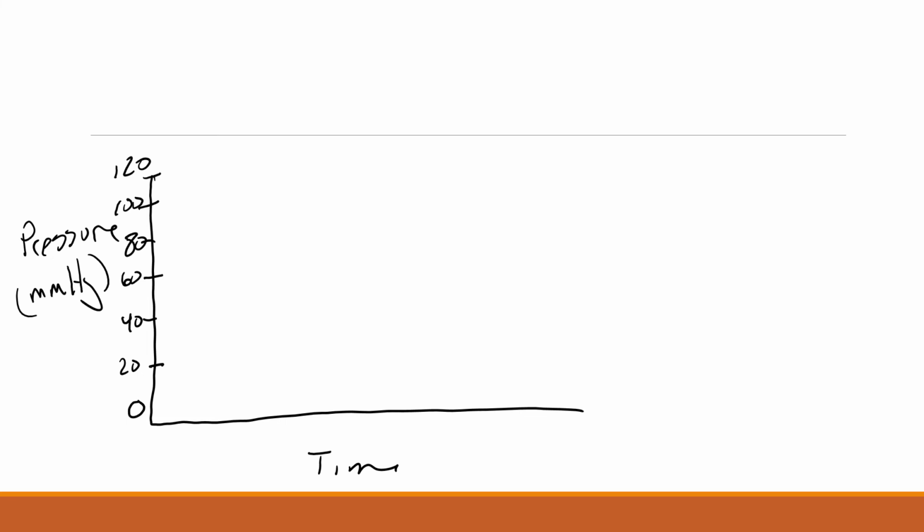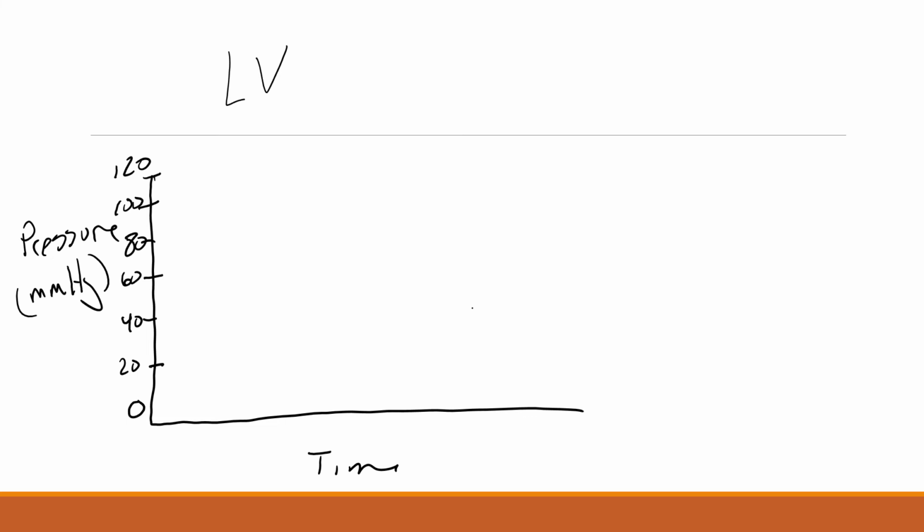So we need to be able to interpret this graphically, and I'm going to draw this from the left ventricular perspective. So the pressure graph I'm going to draw is the pressure changes that occur in the left ventricle during systole and diastole. Understand that the right ventricle would be exactly the same curve, only with lower pressures. And as you can see on the y-axis there, I have pressure in millimeters of mercury from 0 all the way to 120, and then it's over time.